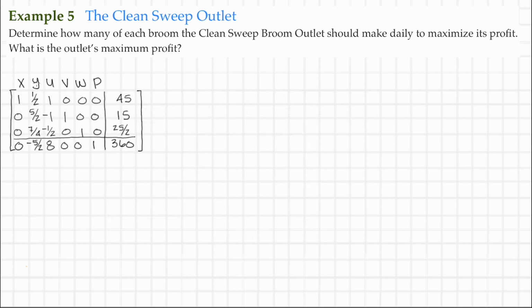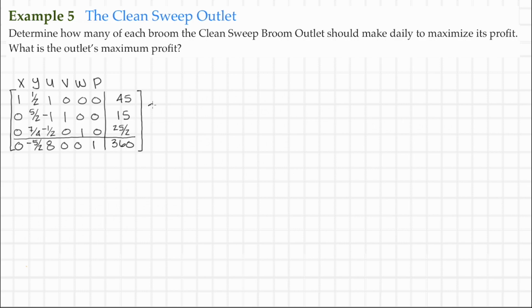So from our pivot column here, we'll take 45 divided by 1/2, that's 90. 15 divided by 5 halves, that's 6. And 25 halves divided by 7/4, that's approximately 7.1. So this is going to be our pivot row, and this is our pivot column. So our pivot element is going to be 5 halves. So we'll start there.